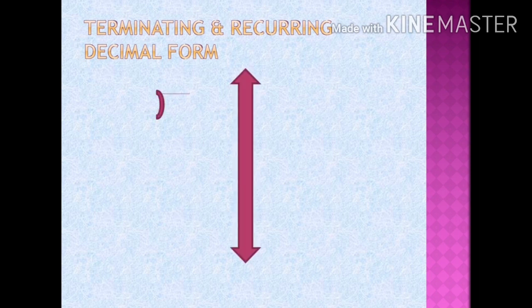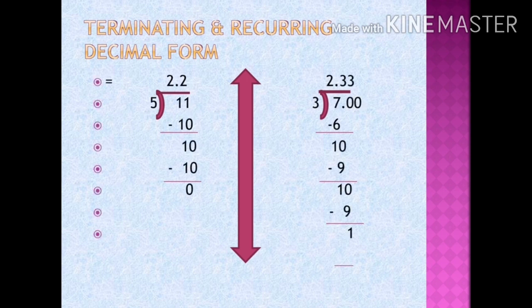Terminating and recurring decimal form. Now we will see some examples. First example, 11 is divided by 5. 5 twos are 10.